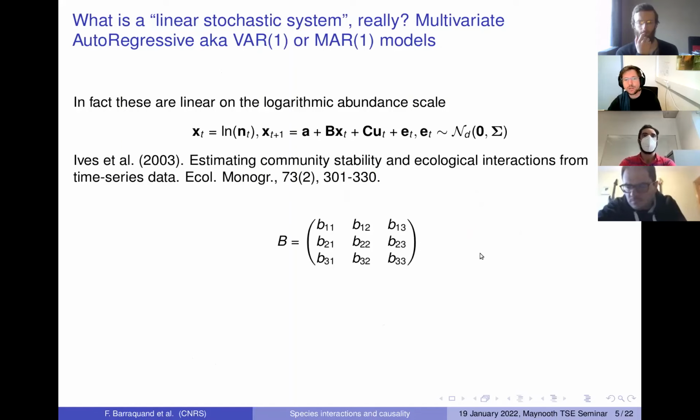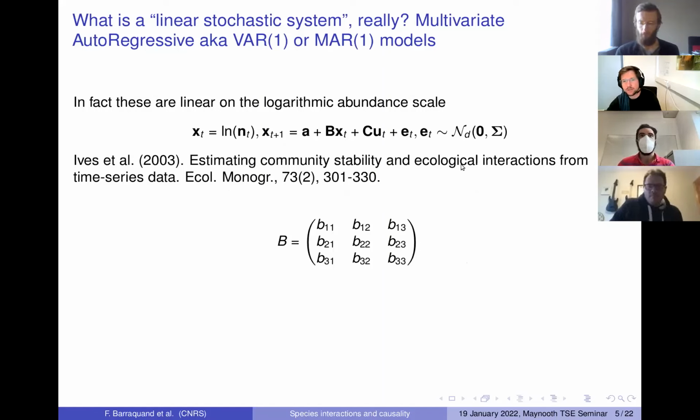So in ecology, what we use that would fit best these definitions are multivariate autoregressive models of order 1. And in fact, these are linear on the logarithmic abundance scale. So what you usually do is you take a time series of abundances and you log them, and then you relate x_(t+1) values to x_t values through a matrix B, which encapsulates the interaction coefficients.